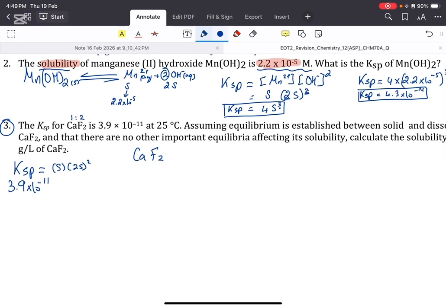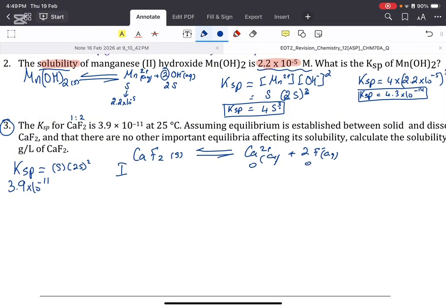When I write CaF2 solid, it ionizes into Ca2 plus and 2F minus, aqueous. So here I can write S, and here I can write 2S. I can also put the full ICE table. It's not going to make any difference, but initially I don't have anything dissolved yet.